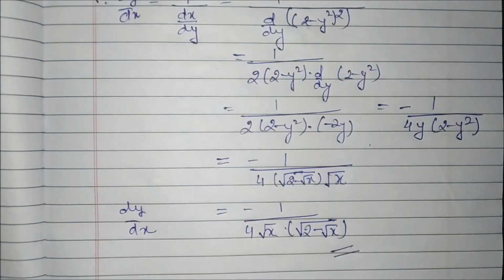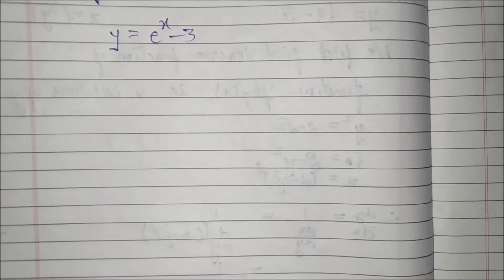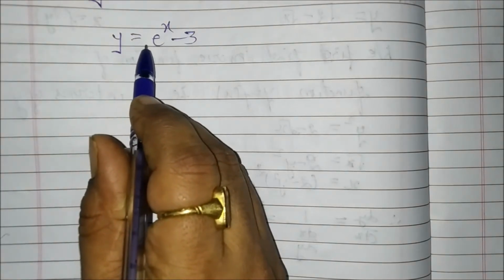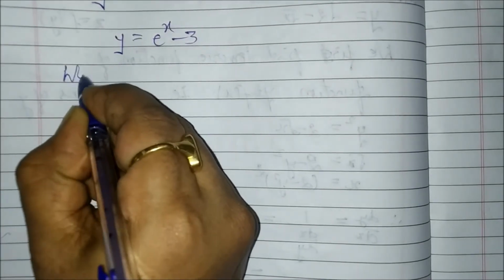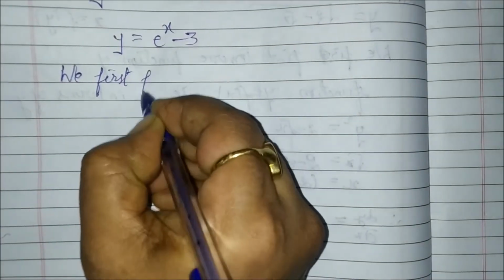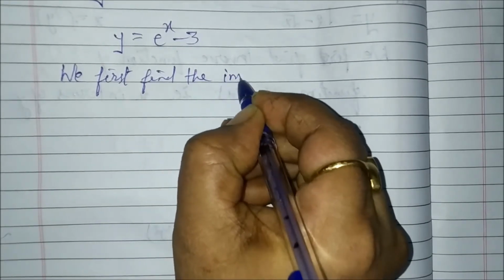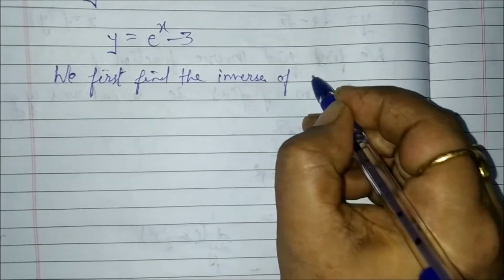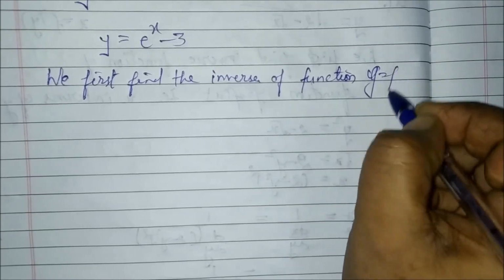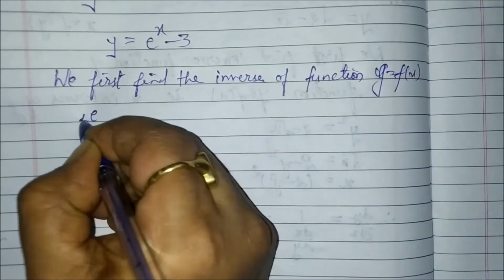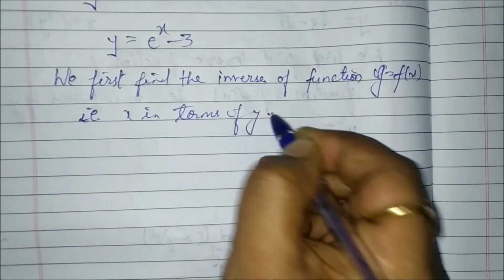Okay, now the next part. Here the function is given as y = e raised to x minus 3. In the same way as we did in the first question, we first find the inverse of the function y = f(x), that is x in terms of y.